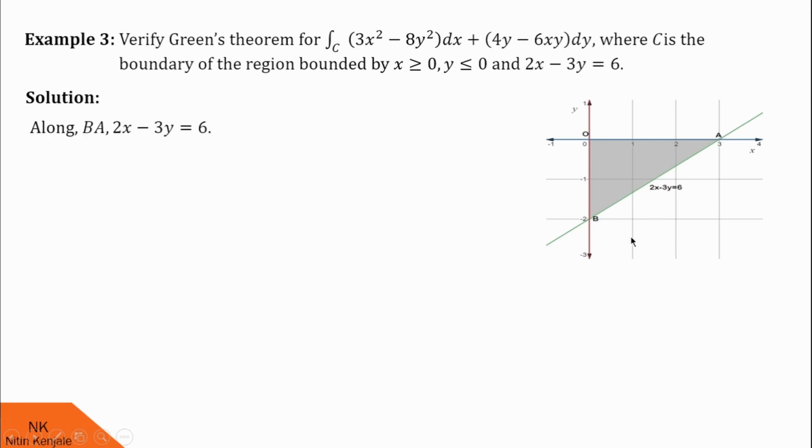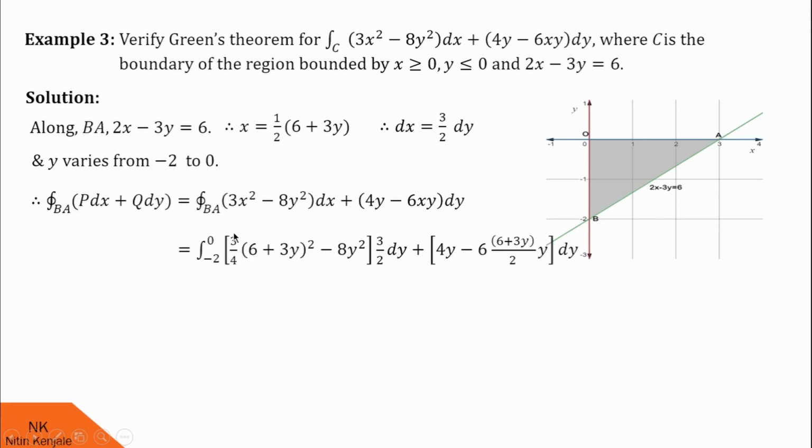Along BA, we see equation of line is 2x minus 3y is equal to 6. Simplifying which, we write x is equal to half (6 plus 3y). Therefore, dx is equal to 3 by 2 dy. Here note that y varies from minus 2 to 0. Now we substitute values of x, dx into this line integral along BA.